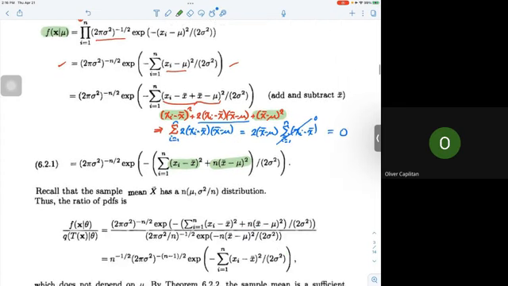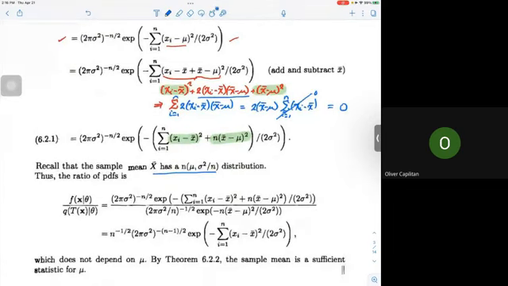So we have this. This is the probability density function of the denominator. This is what we got for the numerator earlier in 6.2.1.